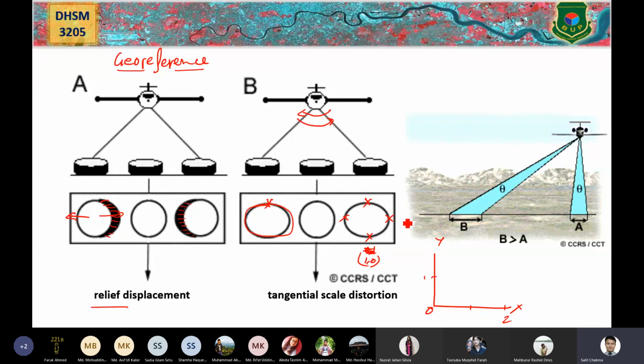Similarly we have 1 at this point and 2 on the y-axis, so this is 1 and 2. And this one is 0 on the x-axis and 1 on the y-axis.